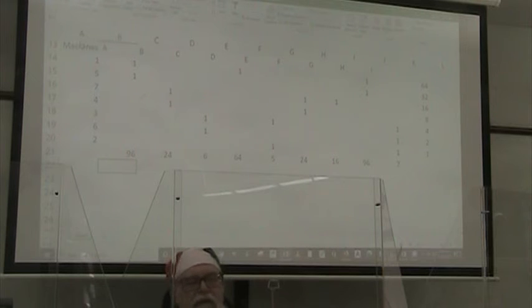All right, if I want to use the sort function, I'm going to have to do a copy transpose.